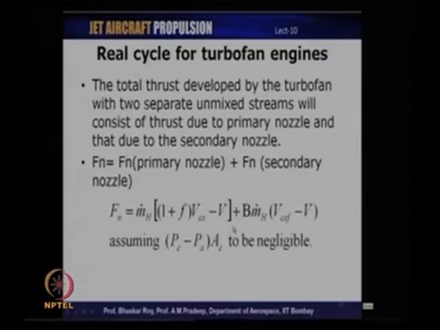If the flow is not fully expanded, then of course there will be a pressure thrust which also needs to be considered while carrying out the cycle analysis.